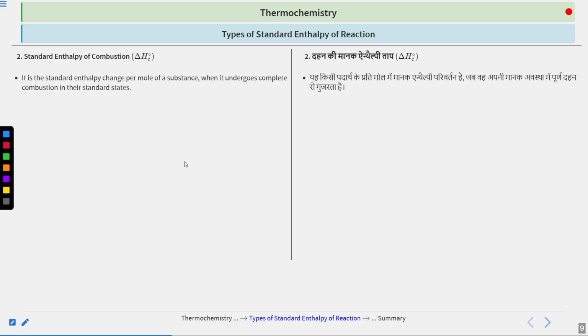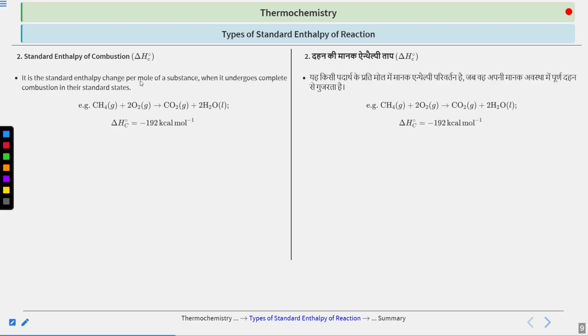So if you are combusting 1 mole of a substance, then the enthalpy change for that reaction will be the enthalpy of combustion. Clear? Again, the most important point is that you should remember we are combusting 1 mole, and similarly during formation we are forming 1 mole.